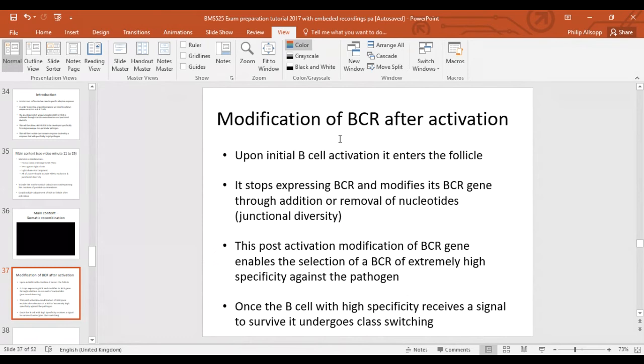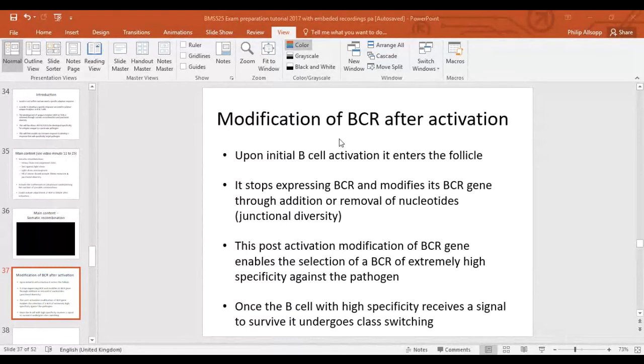And the reason it will instruct it to change is that it will enable the B cell to produce an antibody that is best designed for the site of infection. For instance, if we have an infection in the gut, it makes more sense to have an IgA antibody. Okay? If it's a parasitic worm, then it makes more sense to have an IgE antibody. Okay? And that's the principle of class switching.